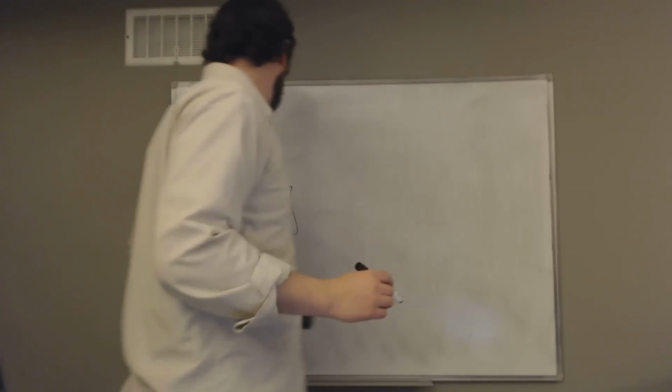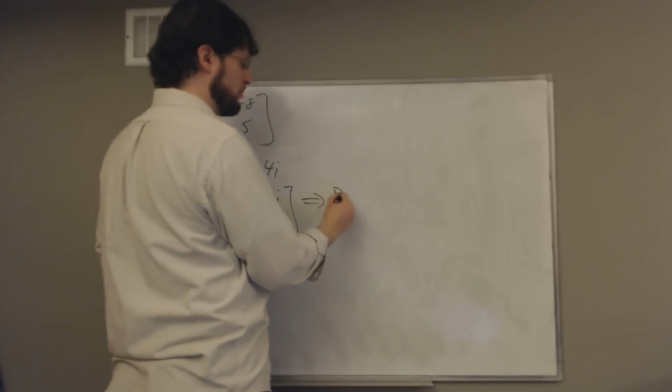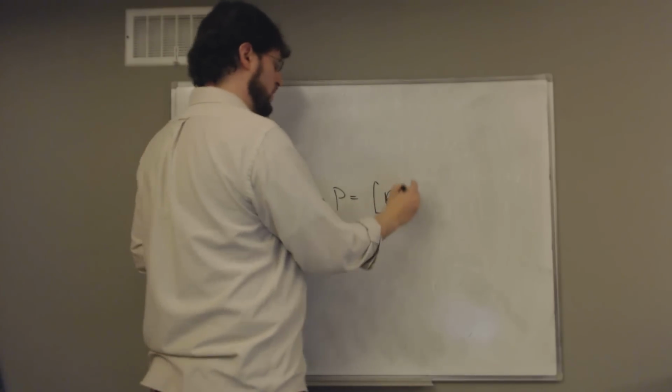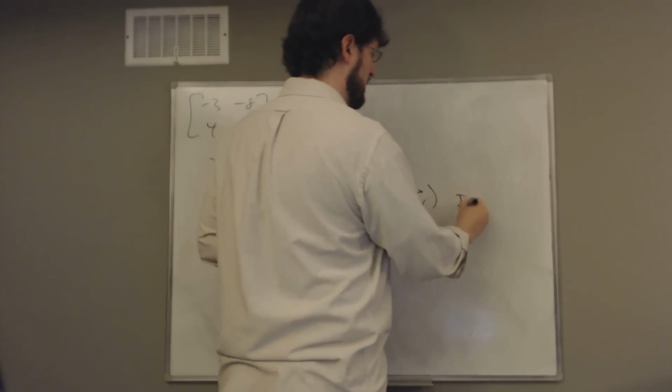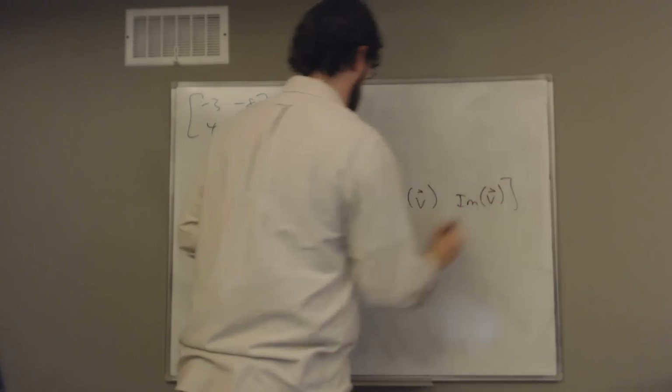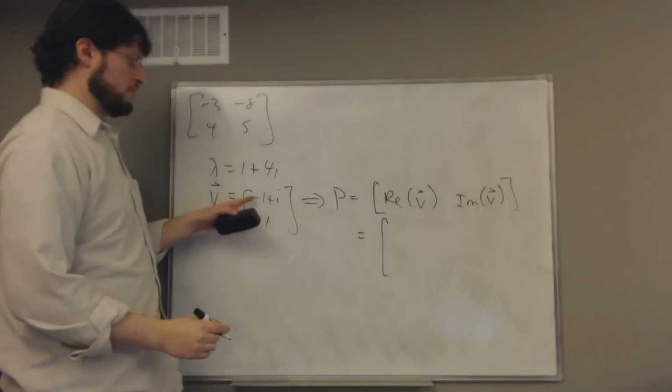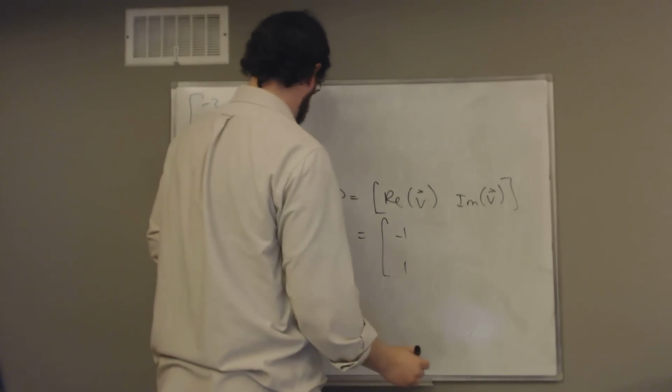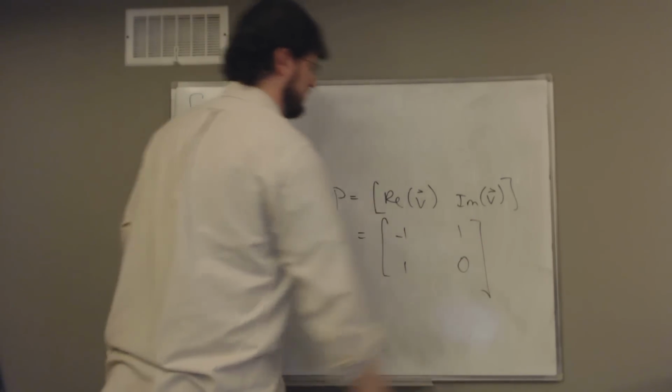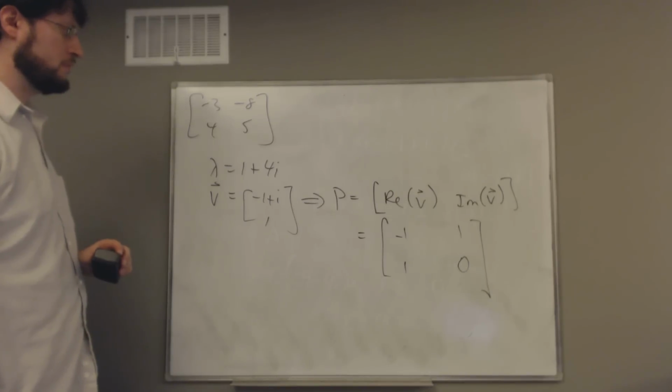We use our eigenvector to create the matrix P, which is the real part of v and the imaginary part of v, which is -1, 1, and then 1, 0. We saw that one before.